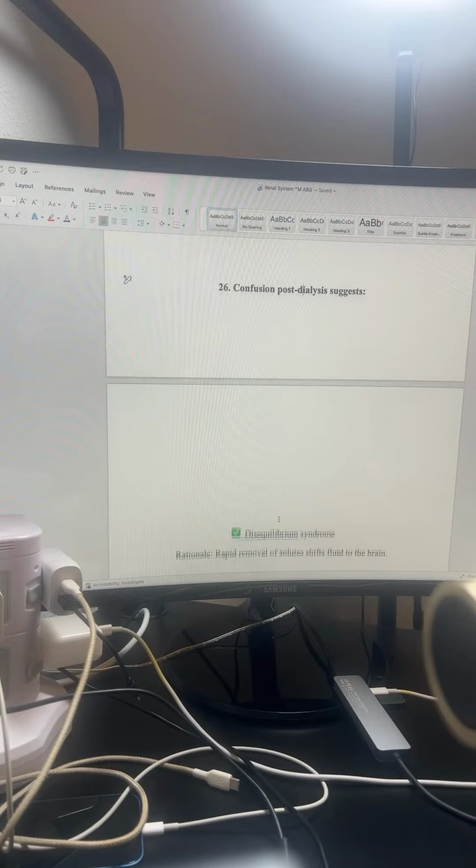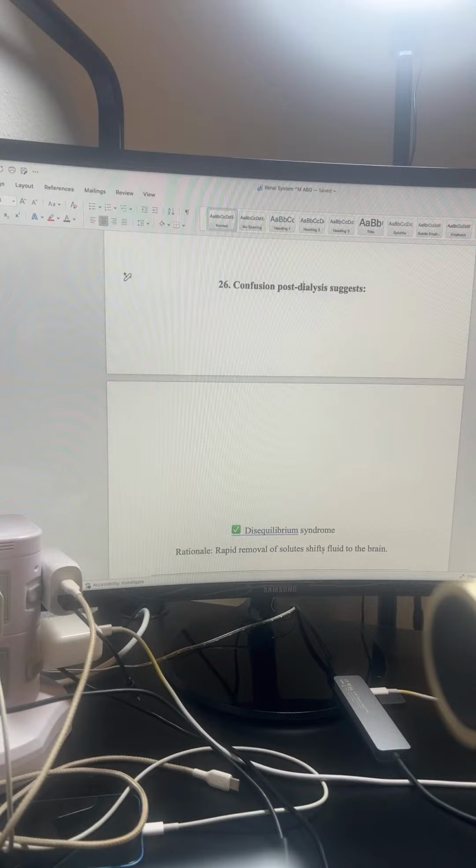So you have disequilibrium syndrome: rapid removal of the solutes shifts fluid to the brain. So you tend to have confusion post-dialysis. That is because of this disequilibrium. And you'll have your hypotension and hypovolemia because of that rapid removal of fluid.